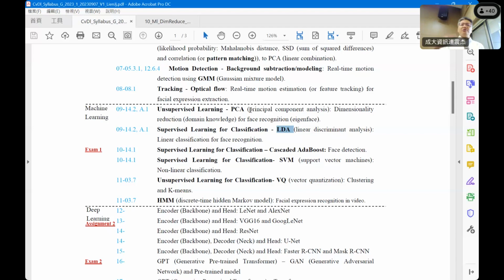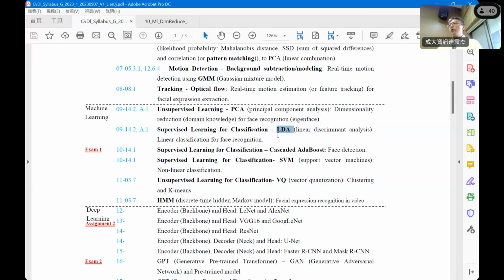And then we start to do the discrimination, do the classification, and we'll use LDA. So before we do LDA, we need to do the PCA. Both are combined together: do PCA first, and then do LDA.